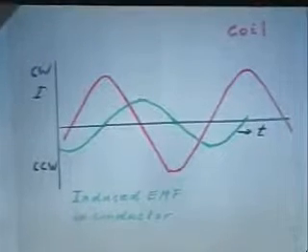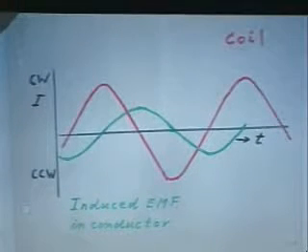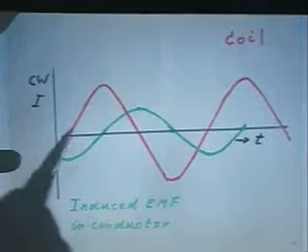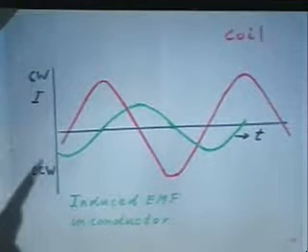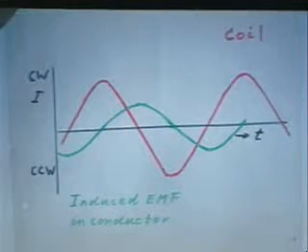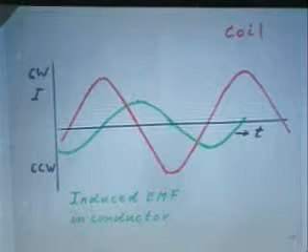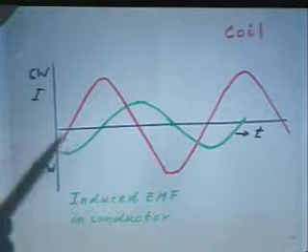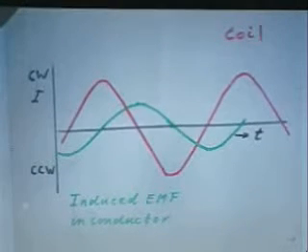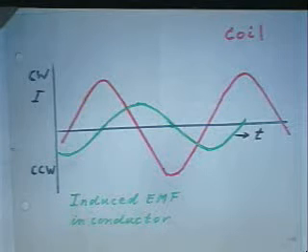This red curve is the current through the coil that you see there above. And when the current is above the black line, it's clockwise, and when it is below the black line, it's counterclockwise. The vertical scales are arbitrary. The green curve is the EMF which is induced in the conductor.